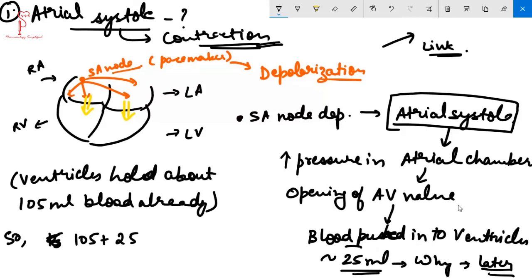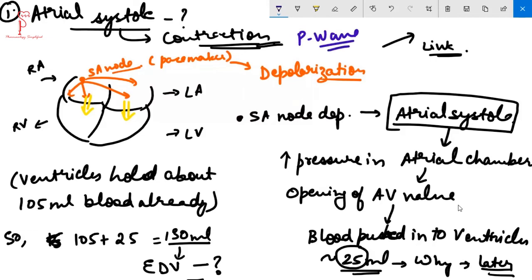End diastolic volume is the volume of blood present in the ventricles at the end of complete diastole of the ventricles. That means when the ventricles dilate completely, the volume of blood present in the ventricles is called the end diastolic volume. And atrial systole is denoted by the P wave on the ECG.